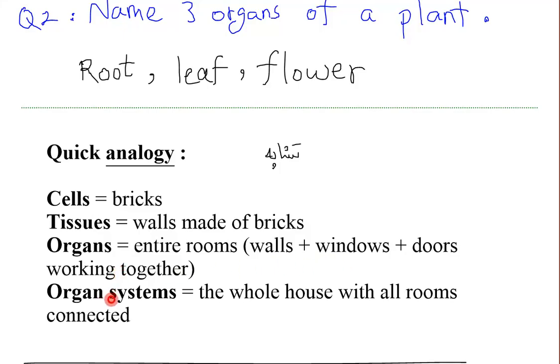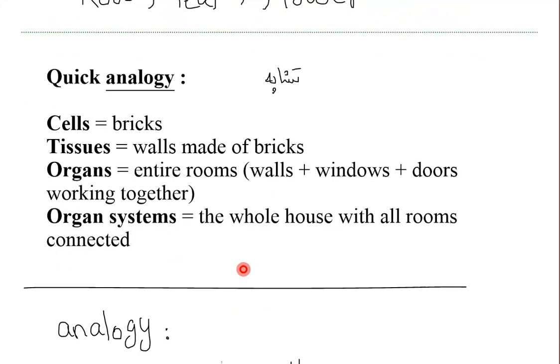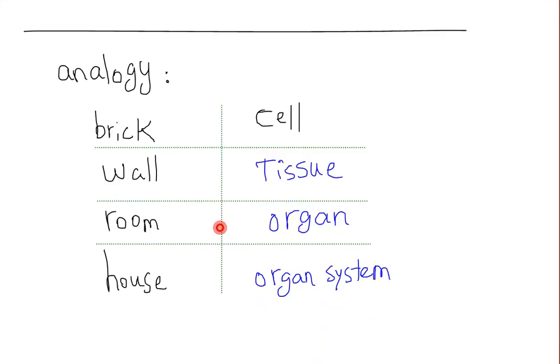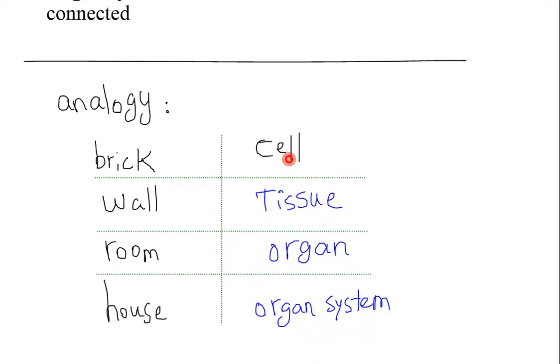An organ system, which is made of organs, is the whole house, which is made of rooms, different rooms. So in this analogy, cell is just like a brick, tissue is like a wall, organ is like a room, and organ system is like a house.